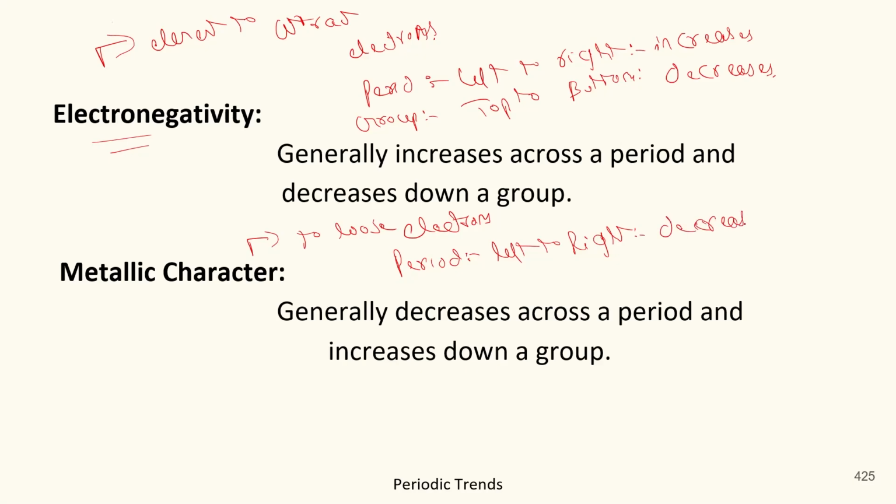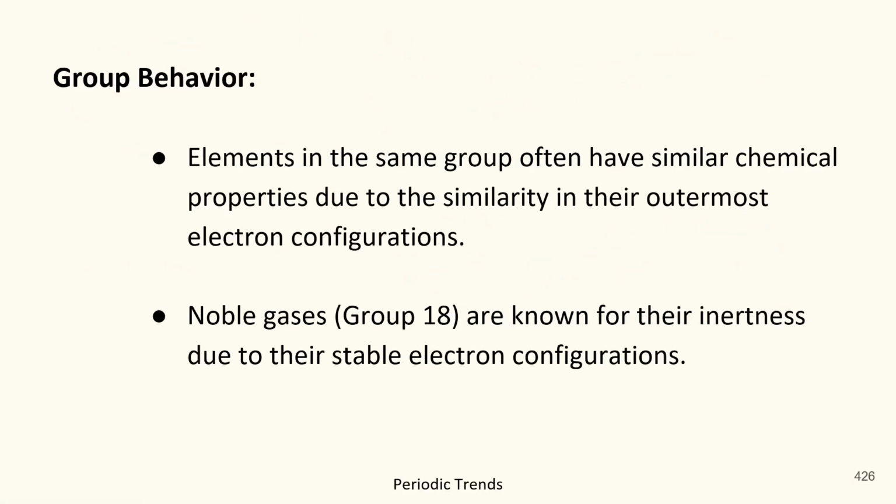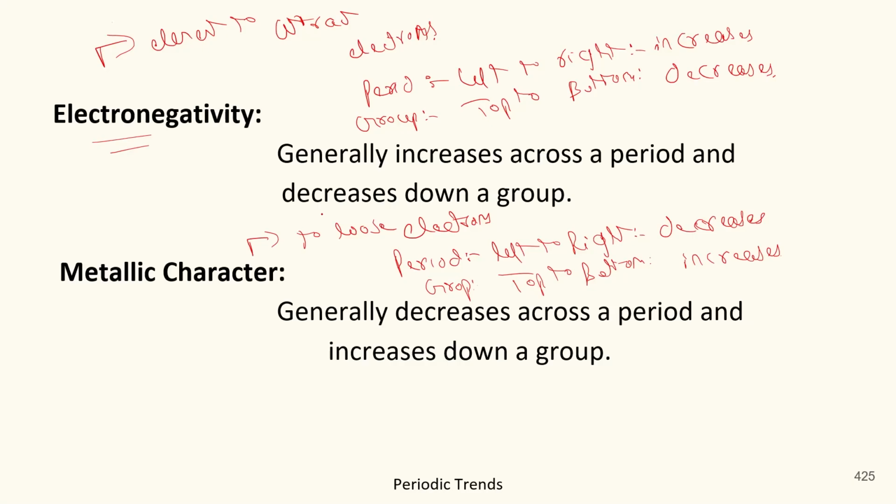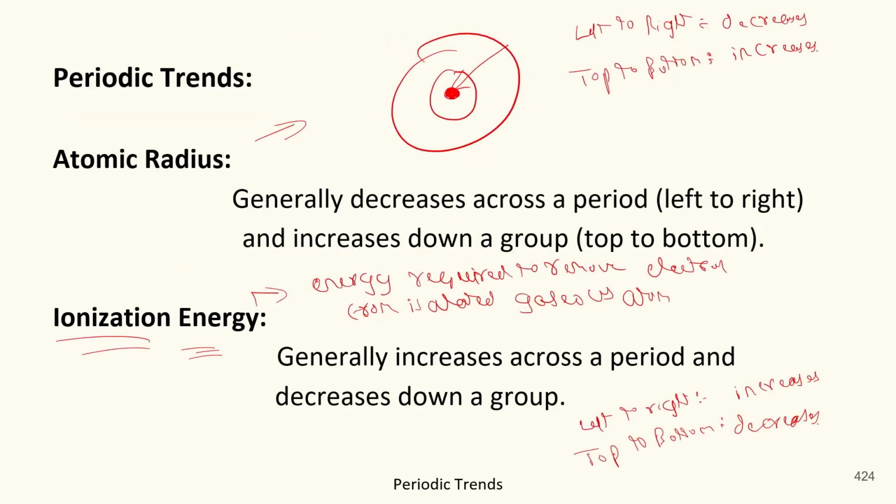But in the group from top to bottom it generally increases. Got it? Now here we have finished electronegativity and metallic character. Thereafter we also finished atomic radius and ionization energy.